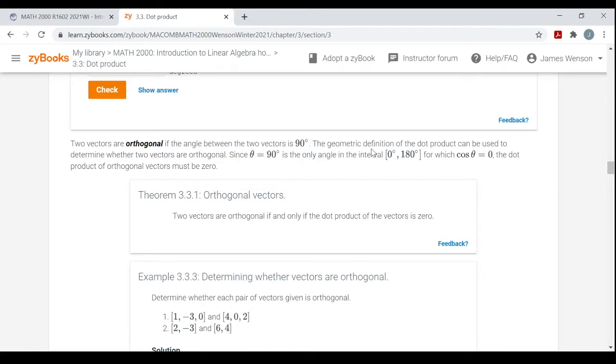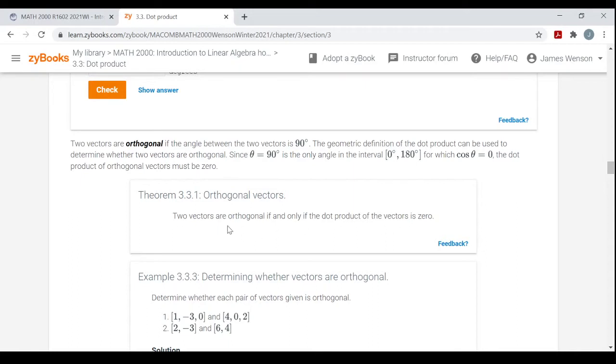So the geometric definition of the dot product can be used to determine whether two vectors are orthogonal, since theta equals 90 degrees is the only angle from 0 to 180 for which the cosine of theta is 0. Remember that formula had the cosine of theta in it. The only time the cosine is 0 in this interval is when theta is 90 degrees.